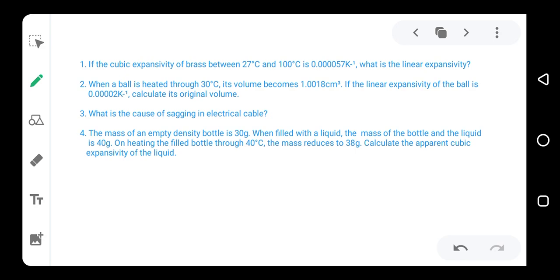The mass of the substance before, and the mass of the substance when something has been taken from it, is what we call the apparent cubic expansivity.